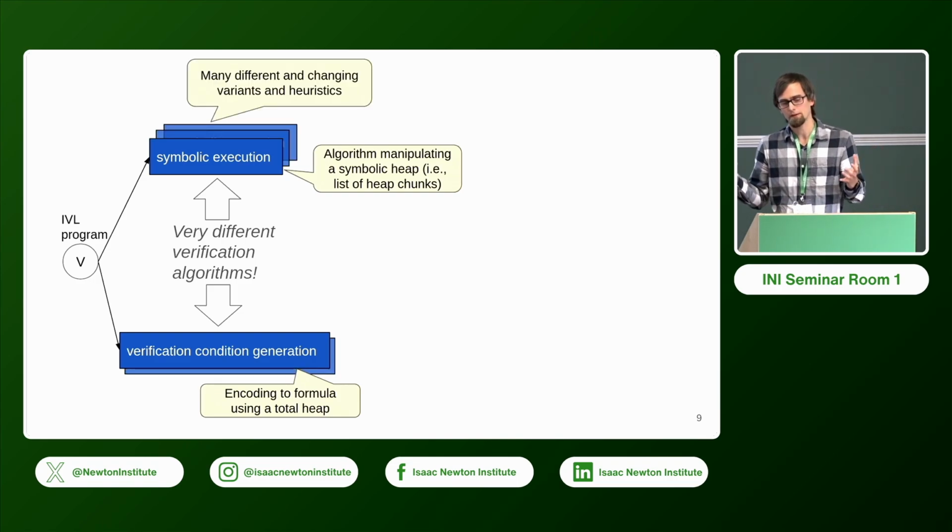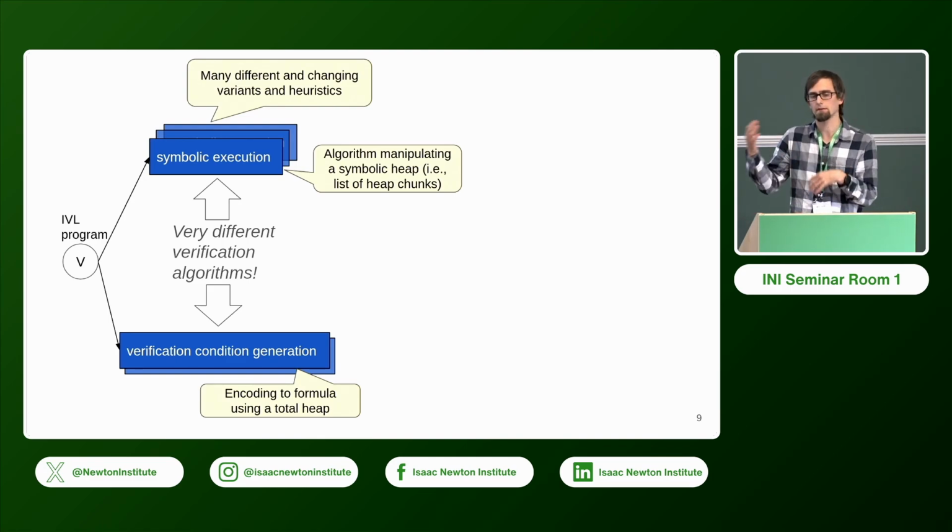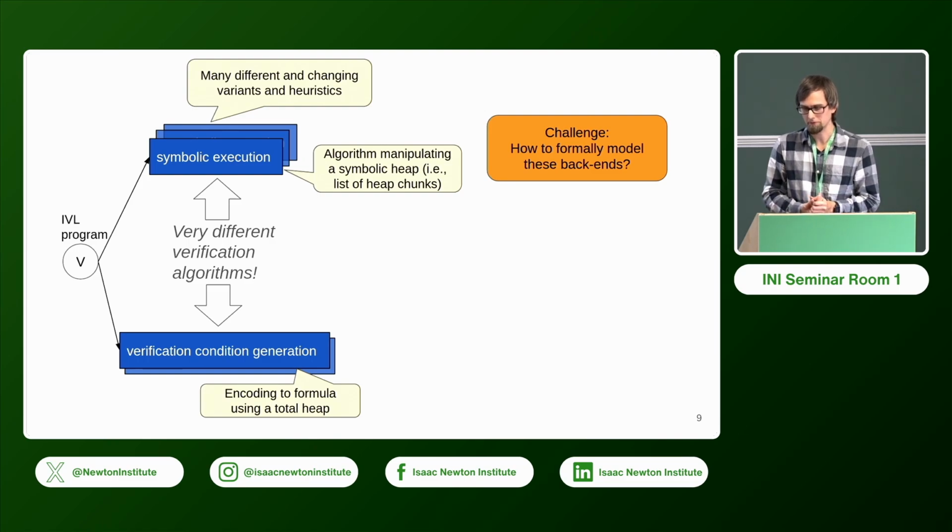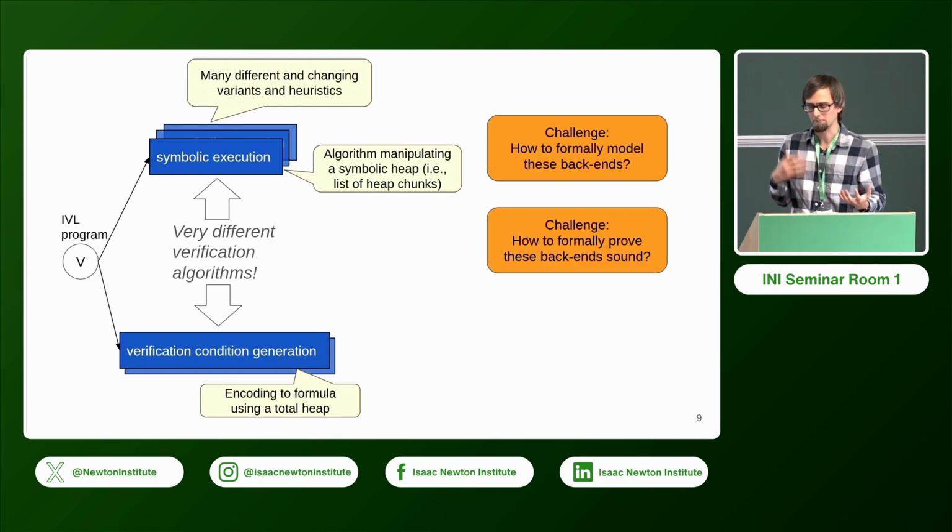And it even gets worse in the sense that we don't just have two backends, but often very different variants of these backends, which have different heuristics, and these backends might also change and evolve over time. Connecting to these backends, there are quite a few challenges. We first need to formally model these different backends or prove them sound.